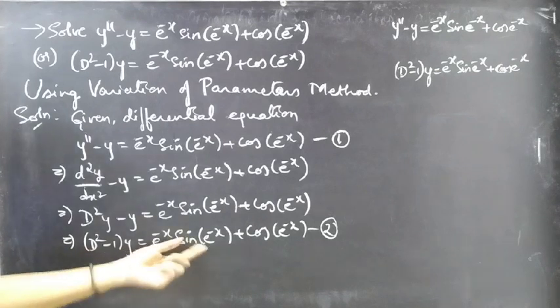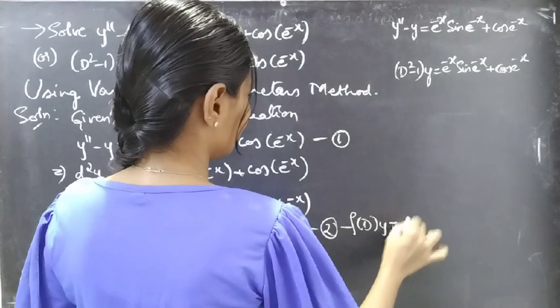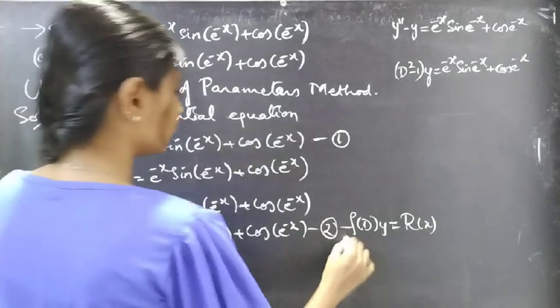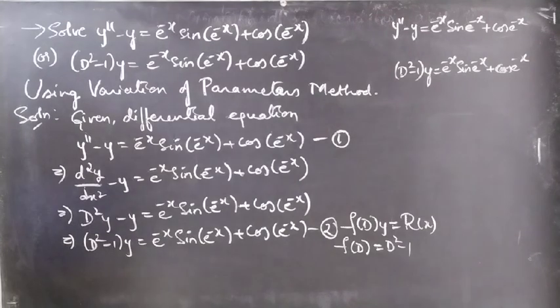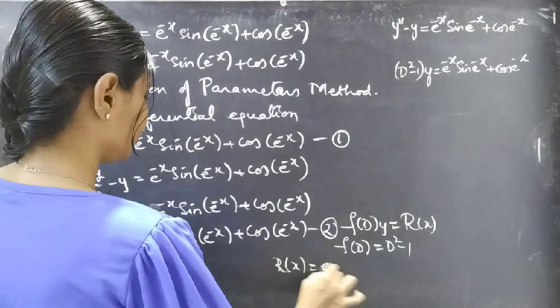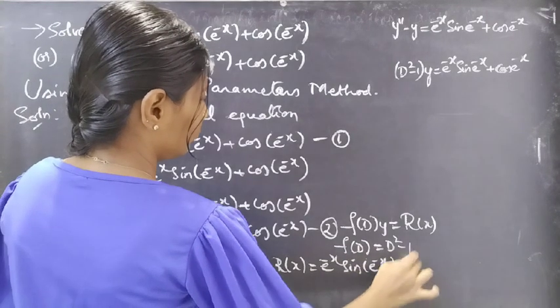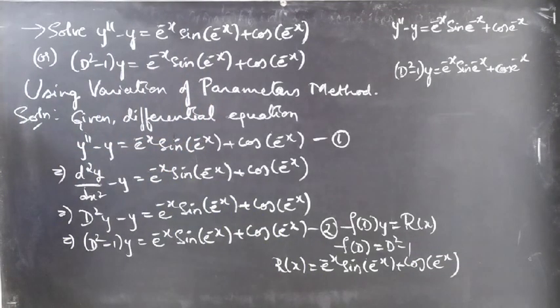Say f of D into y equal to some function of x, where f of D is D square minus 1 and r of x is the RHS part. Let's now write the homogeneous equation of equation 2.